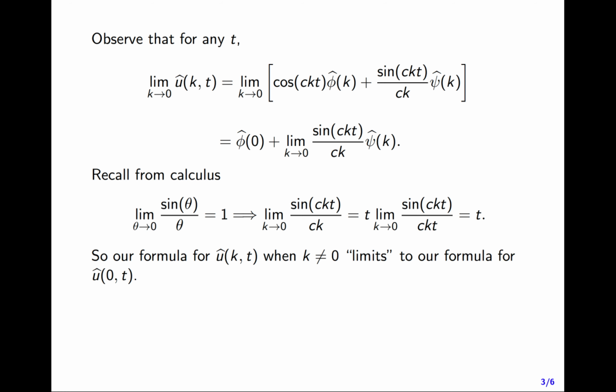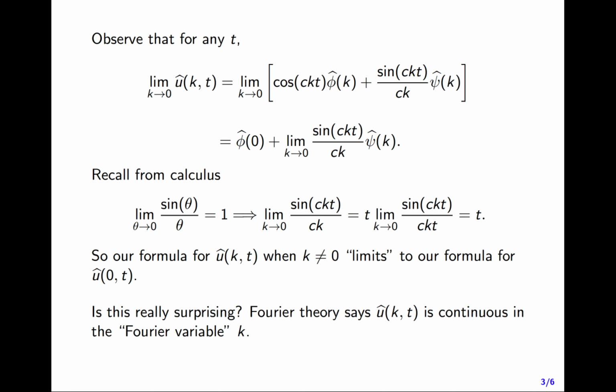So the formula for u hat of kt when you have k not equal to 0, if you take the limit as k goes to 0, you get back the formula for u hat of 0t, phi hat of 0 plus t psi hat of 0. This is not really surprising. Our Fourier theory, one of the second mapping theorems on the Fourier transform that we had, said that u hat of kt should be continuous in the Fourier variable k if u of xt were nice enough.